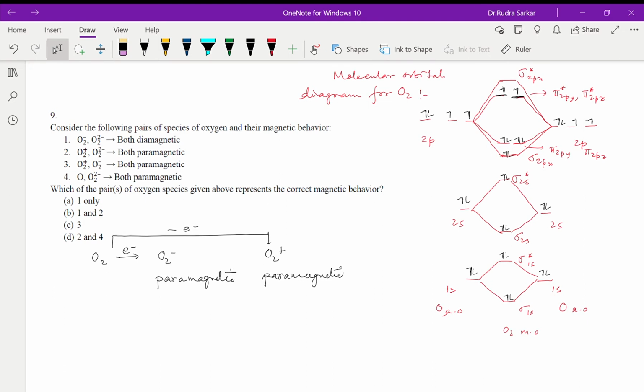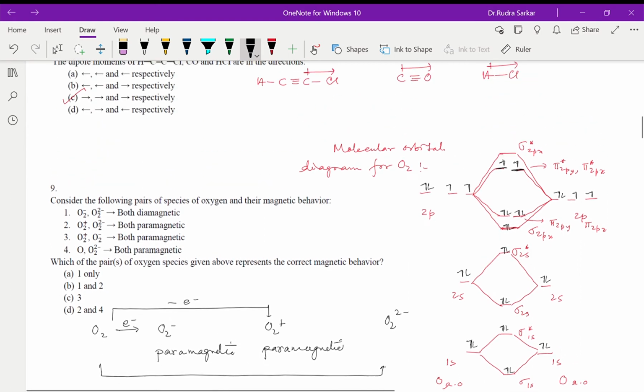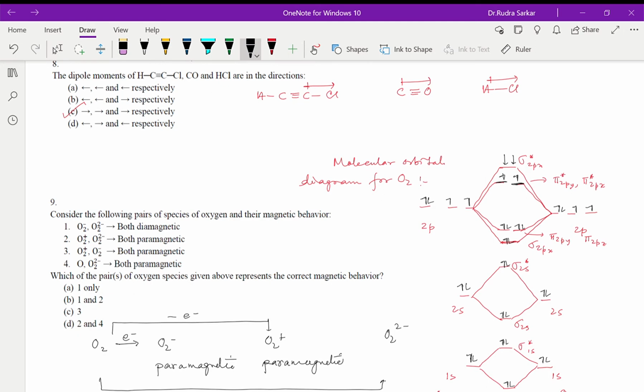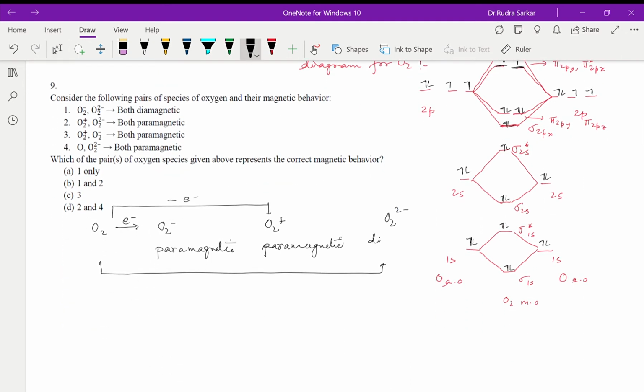What about O2 2 minus? If you add 2 electrons here and here, if you're adding one electron here, another electron here, that means it becomes a diamagnetic system. So we will say this is diamagnetic.